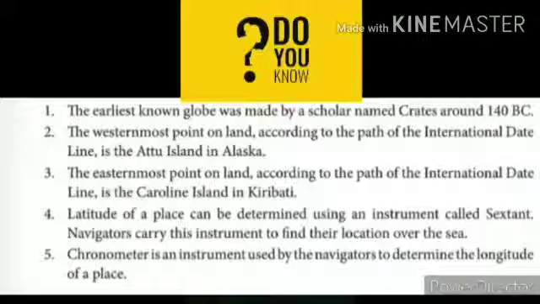The easternmost point on the land according to the path of the international dateline is the Caroline Island. It is in Kiribati. Latitude of a place can be determined using an instrument. It's called a sextant. Navigators carry this instrument to find their location over the sea. Chronometer is the instrument used by navigators to determine the longitude of a place.